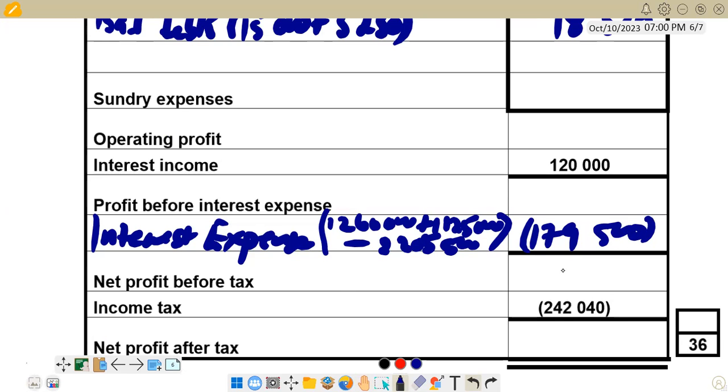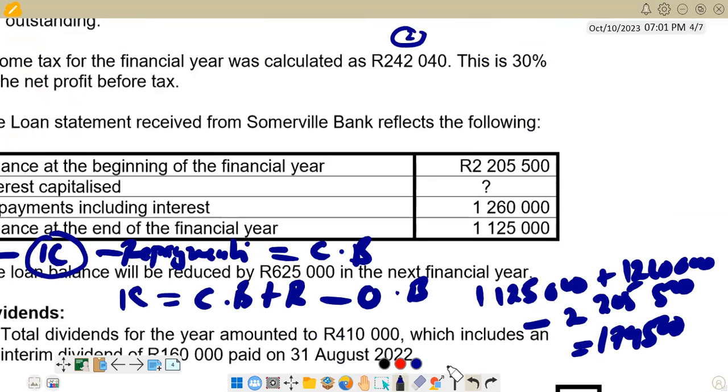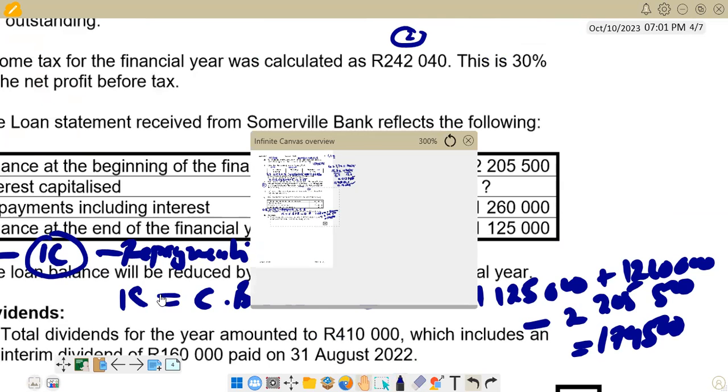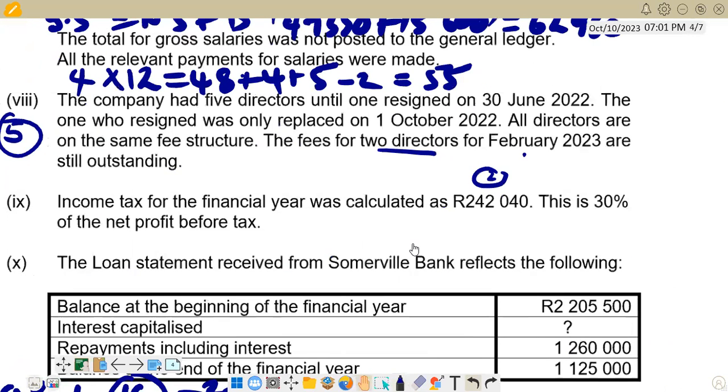But our net profit before tax, we don't have it yet. So we go back to the question again to find something to do with the income tax. Here, the item says income tax for the year was calculated as 242,040, and it's 30% of the net profit.